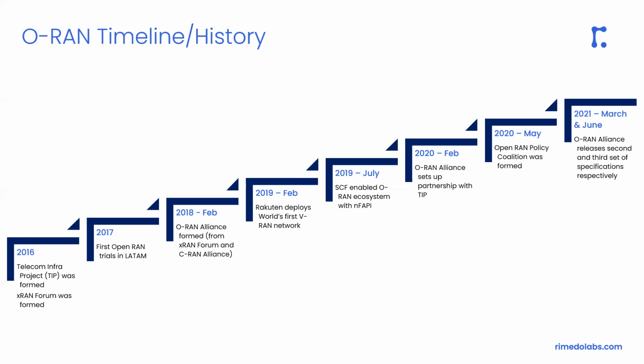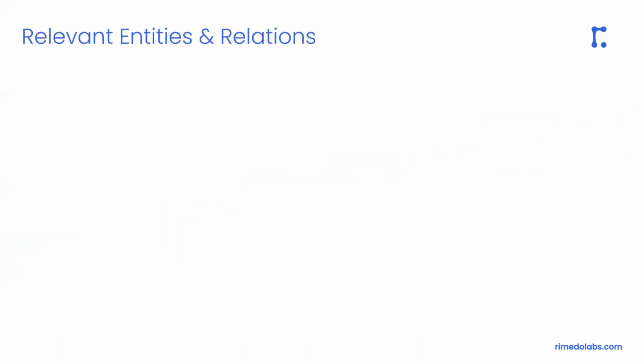Then we had yet another body called the Open Policy Coalition, which works together with government and regulators to look at the system from a different perspective and promote it there. And then the next releases of the set of specifications from the ORAN Alliance are being published, and more and more plugfests are coming into place.